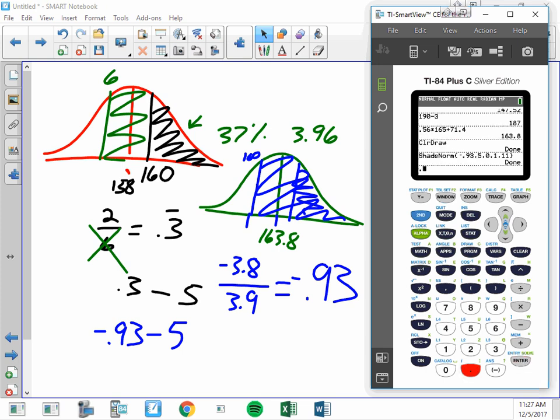So 0.56 times 165 plus. Yeah, I think we must have messed it up when we did it before. Because using the regression equation. Don't you do 160 minus 3.9? Oh, did I type in the wrong number?